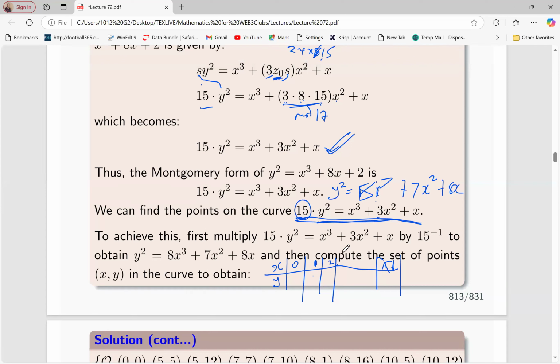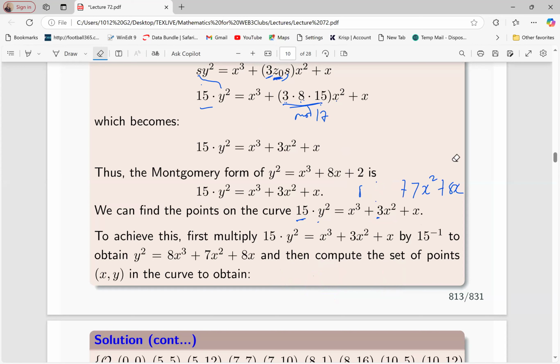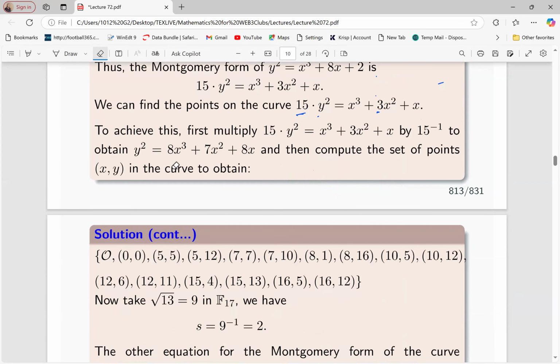So let me just show you. Write it properly, because I want us to get the points of the Montgomery equation. You have the Montgomery equation, and you're supposed to get its points. How do you get its points? This is the Montgomery equation up to here.